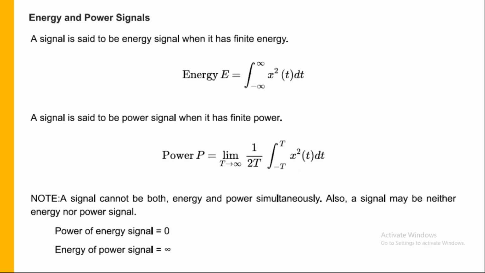The next classification of signals is energy and power signals. Energy signals and power signals seem similar, with slight modification. Try to understand the difference between them. A signal is said to be an energy signal when it has finite energy.